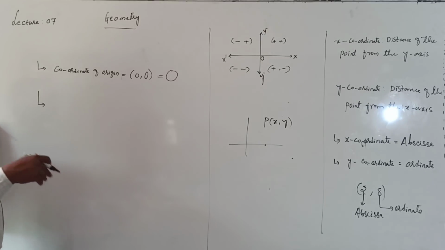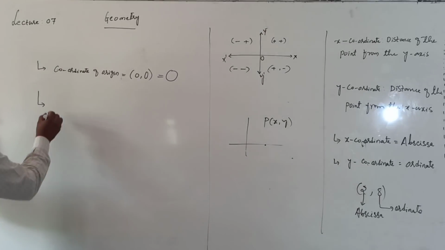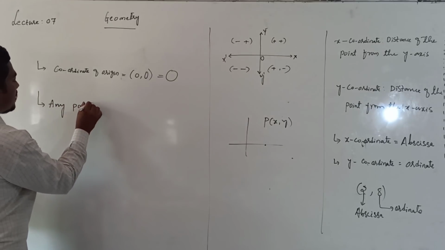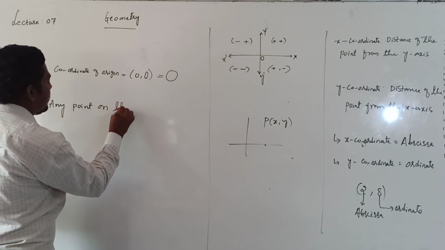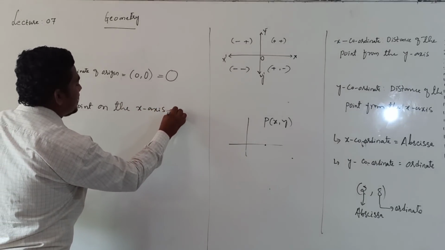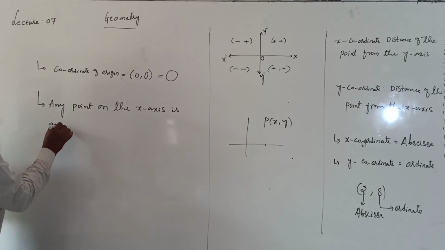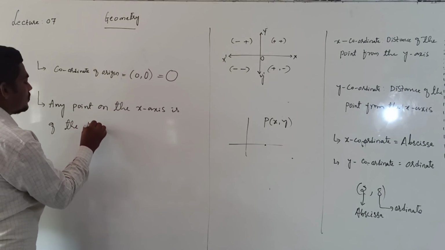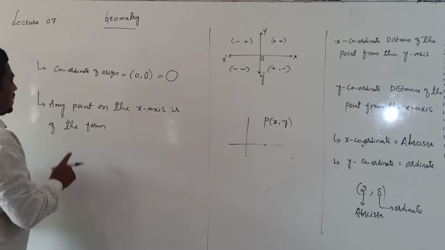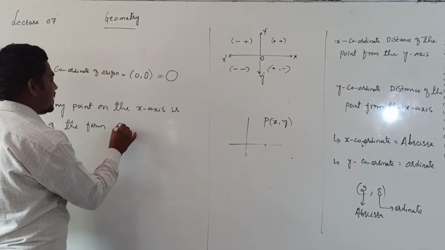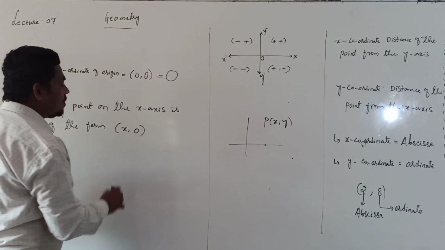Any point on the x-axis is of the form x comma 0.